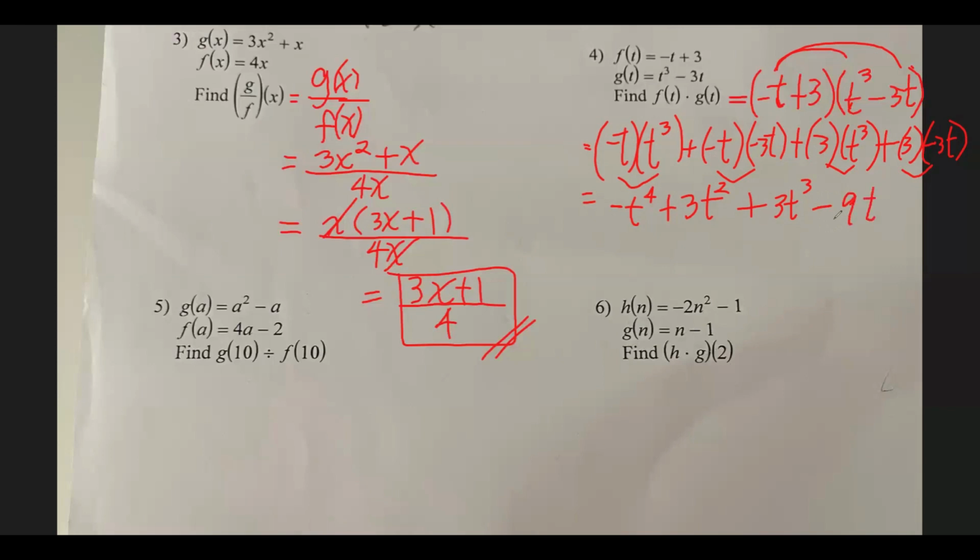Well, you can write this one as your answer, or I can arrange from the highest to lowest of our exponents. So we have negative t to the fourth power plus 3t cubed plus 3t squared minus 9t.